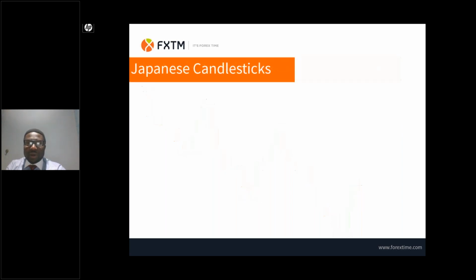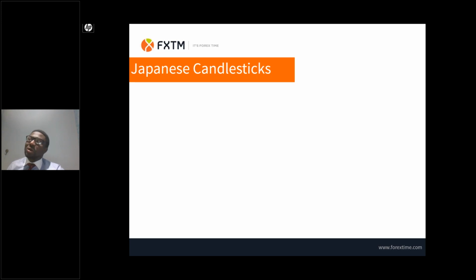All right, then we look at the Japanese candlesticks. Back in the 17th century, the Japanese, as rice farmers, in a bid to keep price data of their rice, created the Japanese candlestick. So its origin is from Japan. Today we use it in trading because it shows us a more graphical representation of price.